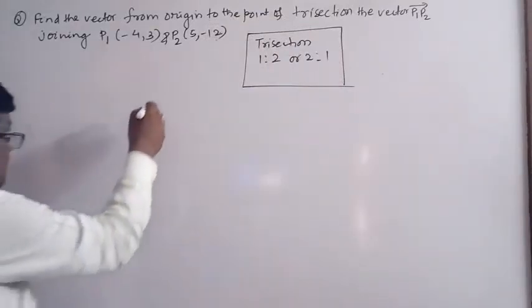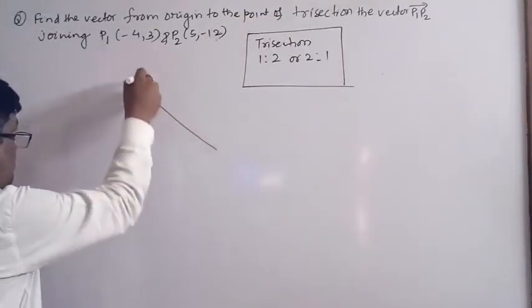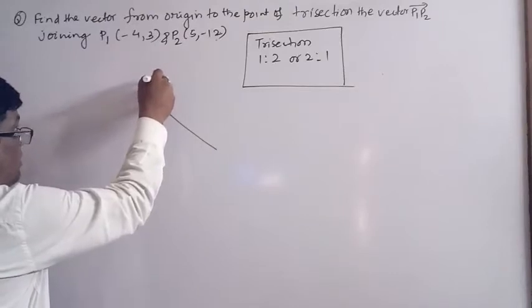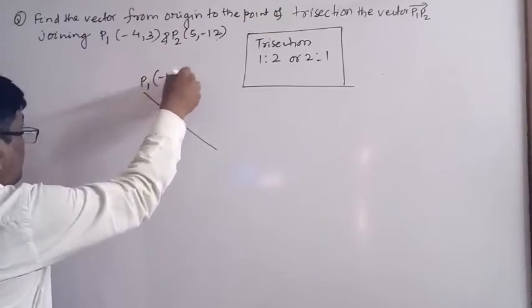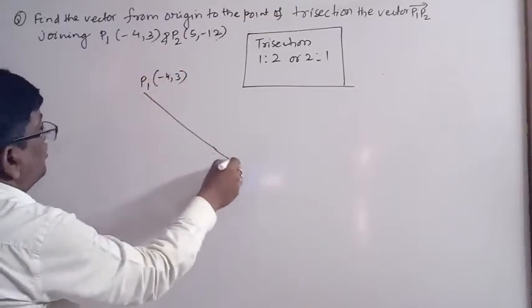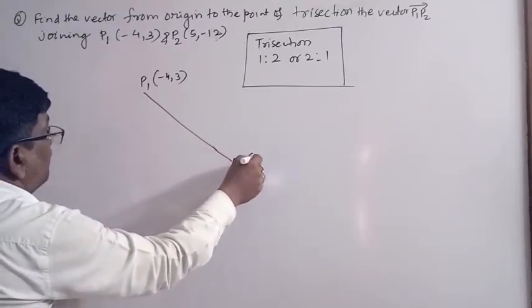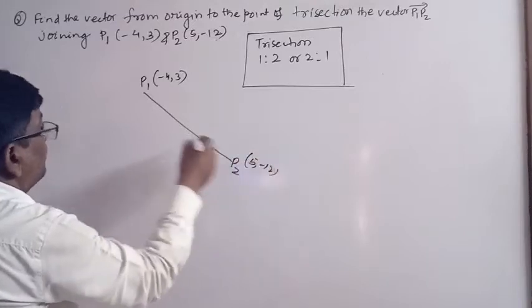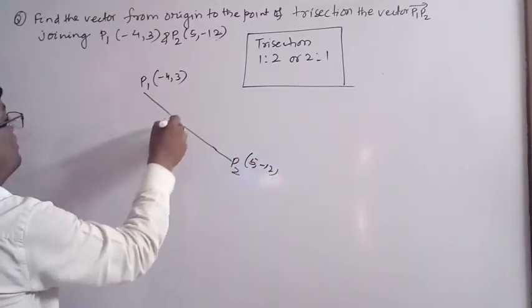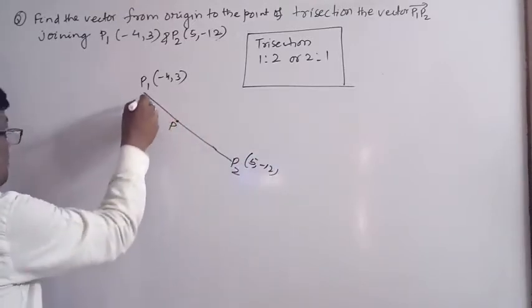Suppose this is P1, (4, -3)... and this is P2 (5, -12). Let this be the point P and this is the origin.